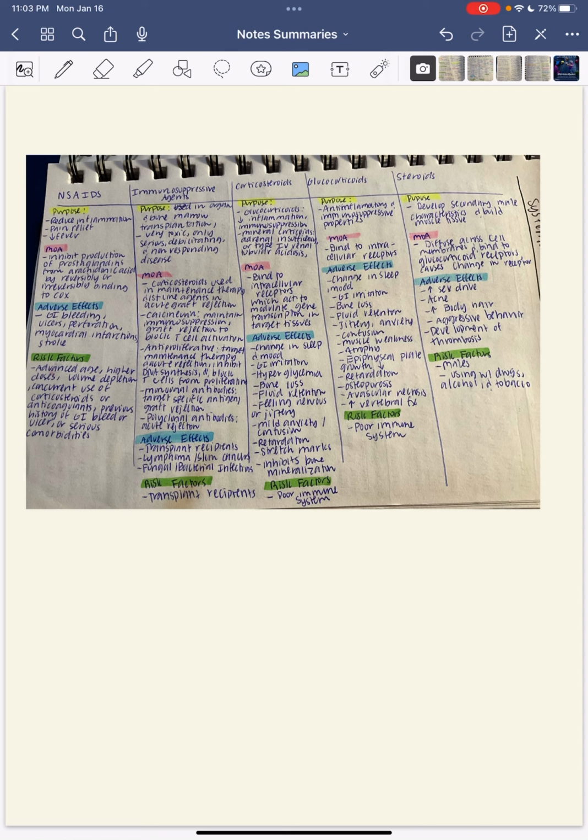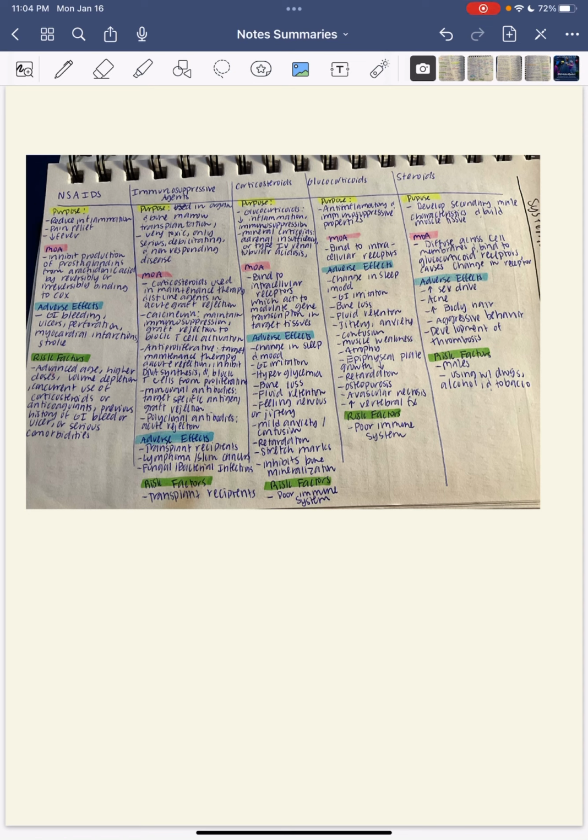Calcineurin inhibitors maintain immunosuppression and treat graft rejection by blocking T-cell activation. Anti-proliferatives target maintenance therapy and acute rejection, inhibit DNA synthesis, and block T-cells from proliferation. Monoclonal antibodies target specific antigens in graft rejection. Polyclonal antibodies are for acute rejection. Adverse effects include lymphoma, skin cancers, and fungal and bacterial infections, and risk factors include being a transplant recipient.